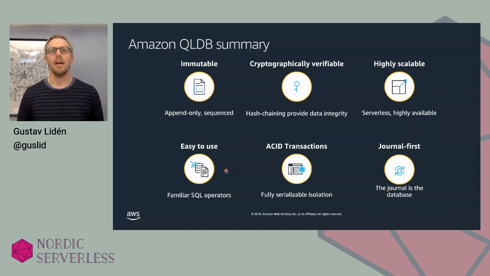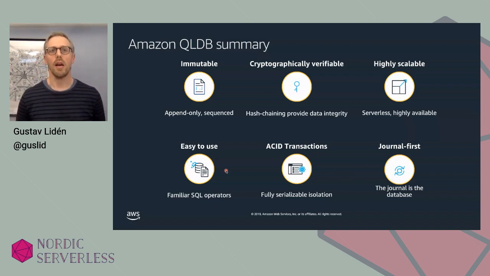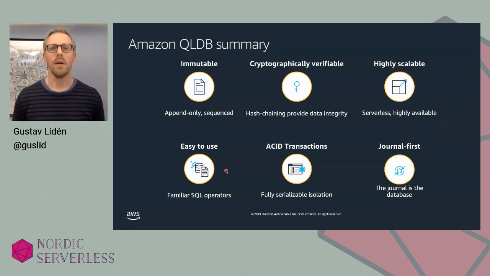And this set of features really was not existent, or there is no other alternative today on the market which does all of this. And so that's basically why we introduced QLDB. As I mentioned before, this is proven technology, so this has been used within Amazon for years earlier in providing the infrastructure services that we have, but it's not been externalized in the way that QLDB was until now.